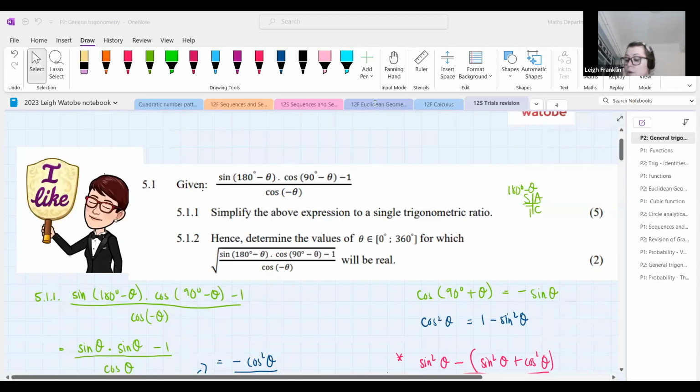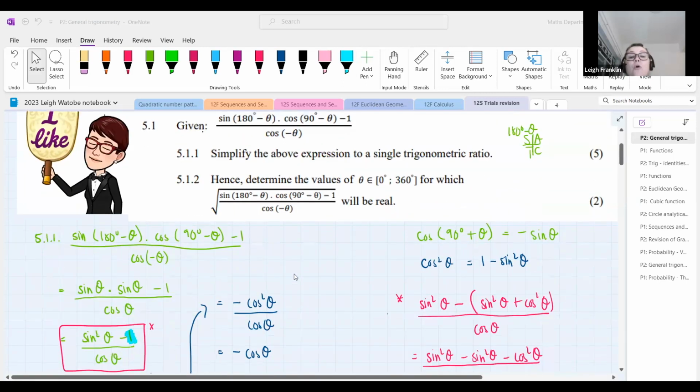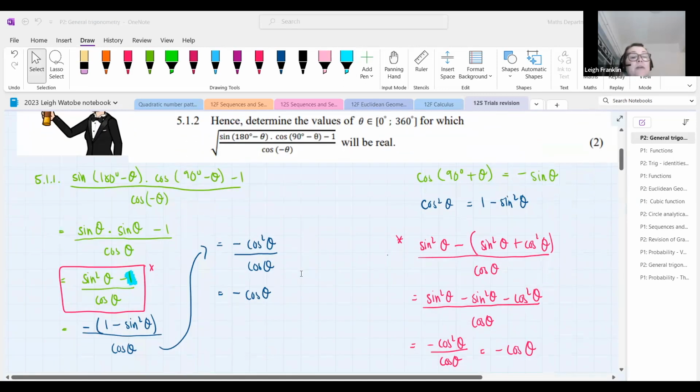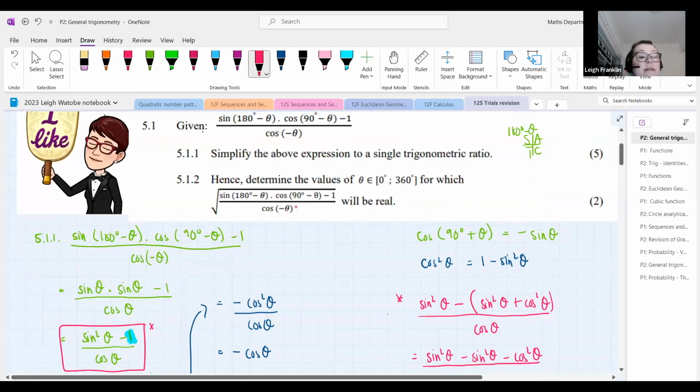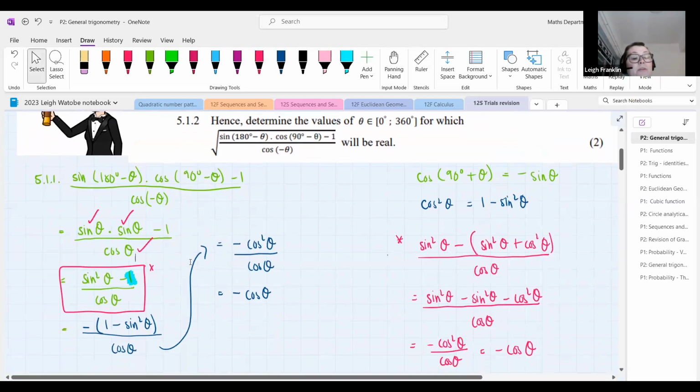So let's just have a look at where the marks would be allocated for this question before we go and worry about question 5.1.2. All right, so we've got 5 marks here. Whenever we apply a reduction formula, we're going to get a mark for a question like that. So sine(180 minus theta), we'd have a mark on sine theta. We'd have a mark on that sine theta over there. Potentially, they could give us a mark on that cos theta at the bottom.